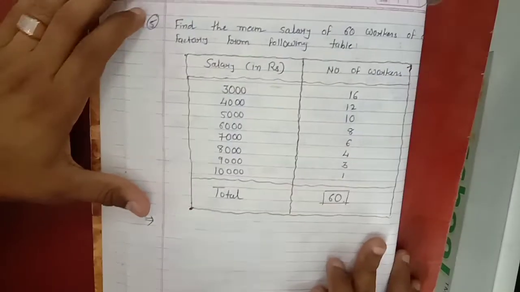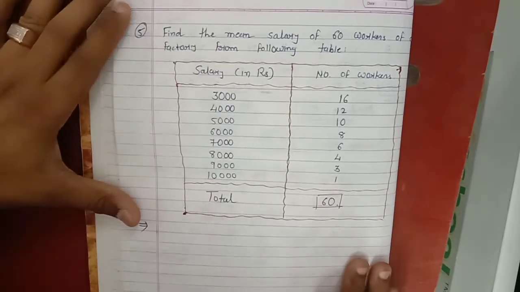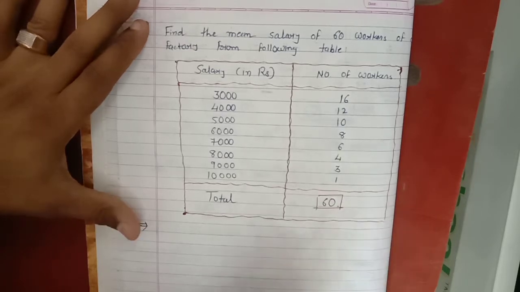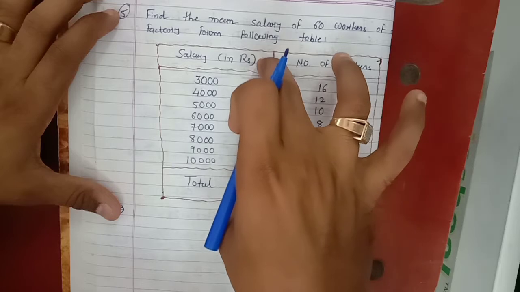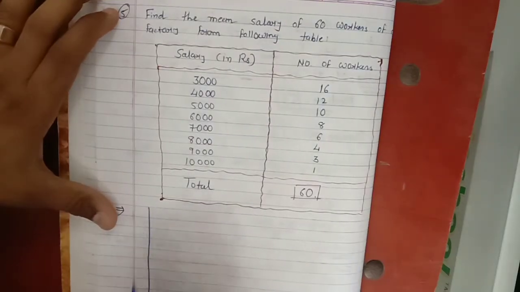Last sum of this chapter in this exercise. Find the mean of the salary of the 60 workers. Clear? First, the table is given in the question. I wrote the table for the answer.